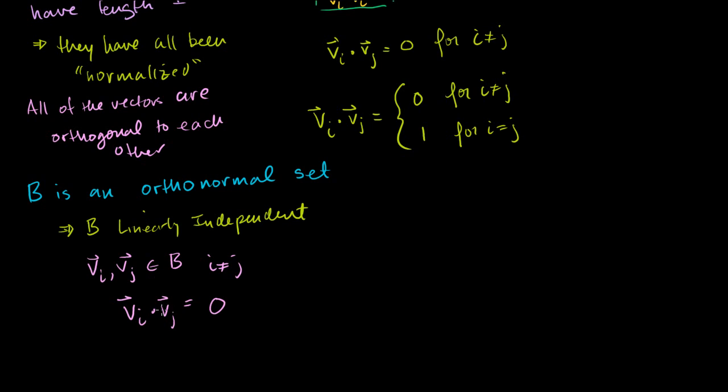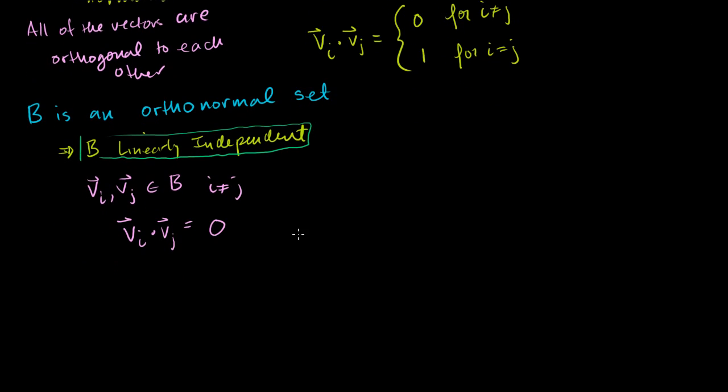Now, let's assume that they are linearly dependent. I want to prove that they're linearly independent, and the way I'm going to prove that is by assuming they're linearly dependent and then arriving at a contradiction. So let's assume that vi and vj are linearly dependent.